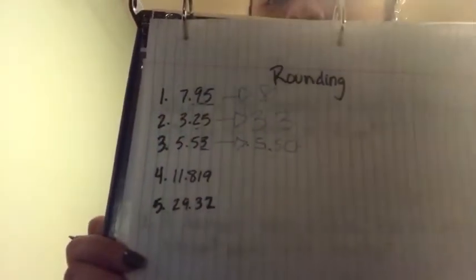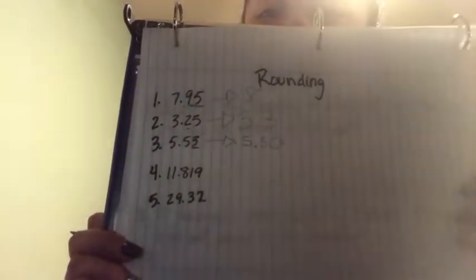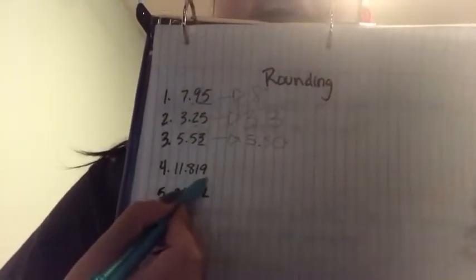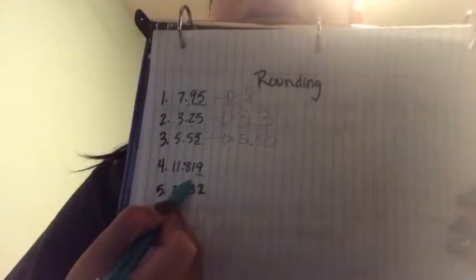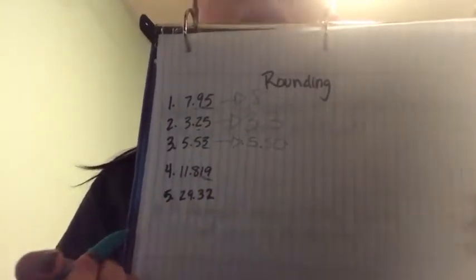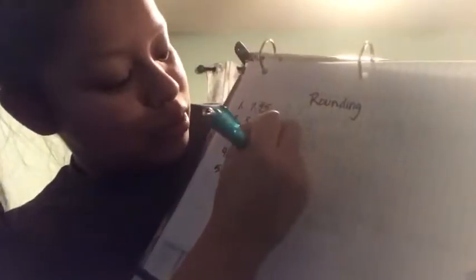Fourth example is 11.819. If we want to round up, 9 is bigger than 5, so we would round up, and the 1 would become a 2. So we would have 11.82 in the end.